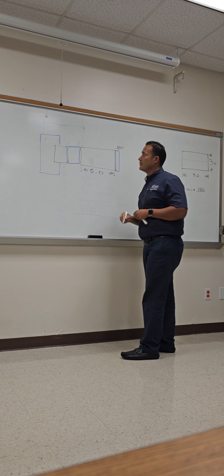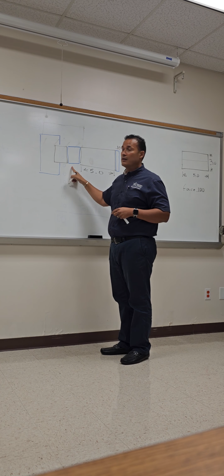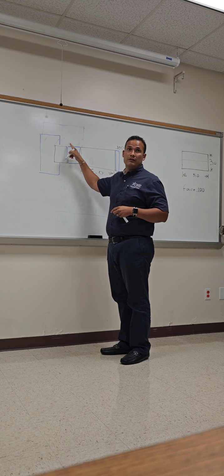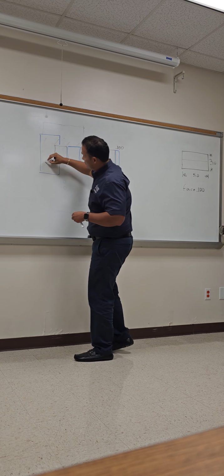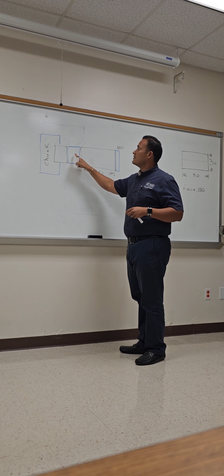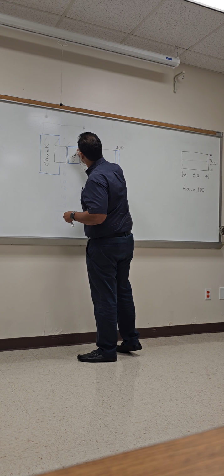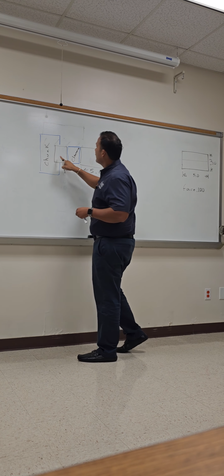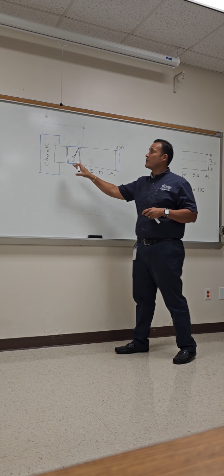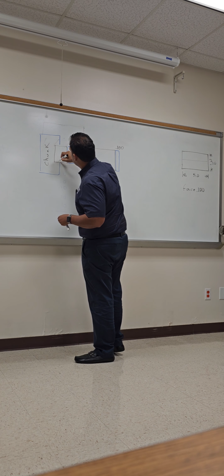This is the clearance, so you don't hit the chuck. So this is the chuck. Okay? So this is the clearance, and this is how much you're going to be holding on the stock. You can call it clamping.